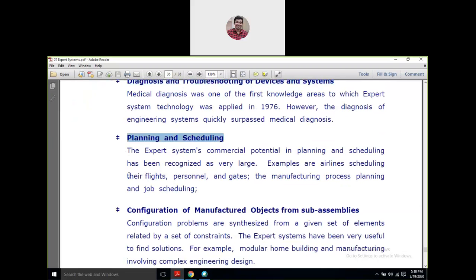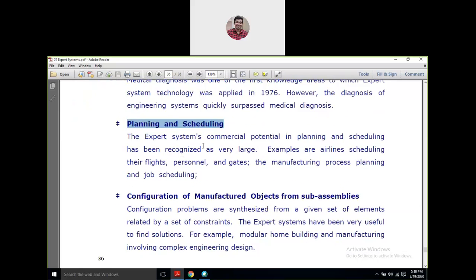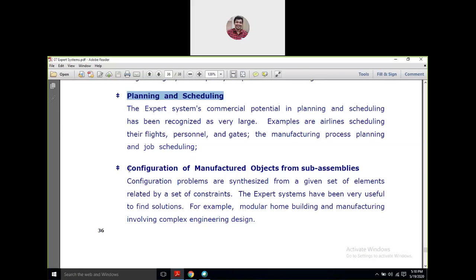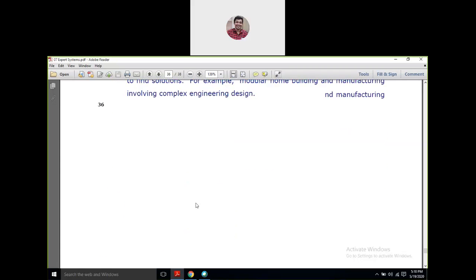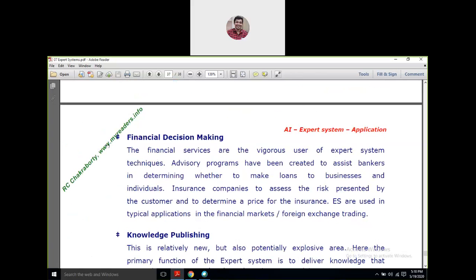In planning and scheduling, they talk about the commercial potential of expert systems. You have to go through this part. Then comes configuration of manufactured objects and sub-assemblies, right? How you're going to do this. These things are also applications of AI. You just have to remember these points, right? Financial decision making.